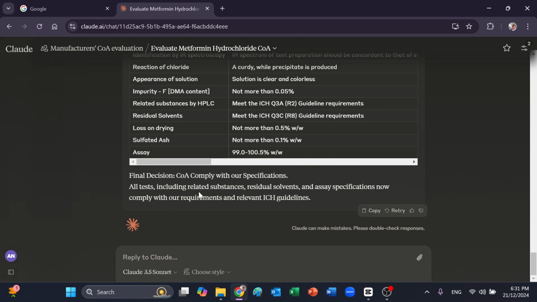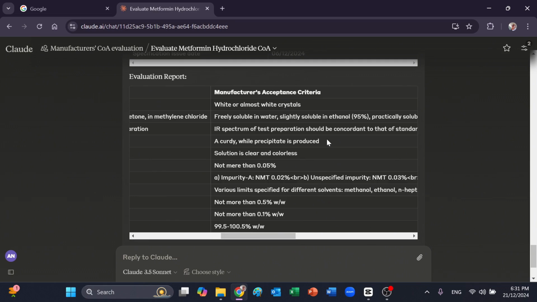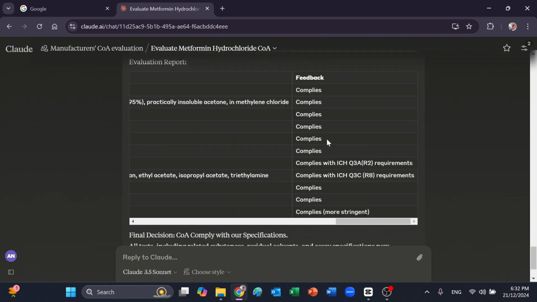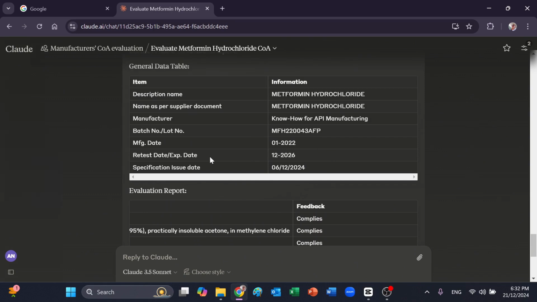All tests, including related substance, residual solvents, and assay specifications, now comply with our requirements and relevant ICH guidelines. So that is a detailed report about this evaluation. All specifications comply with our specifications, so the updated retest date is okay.